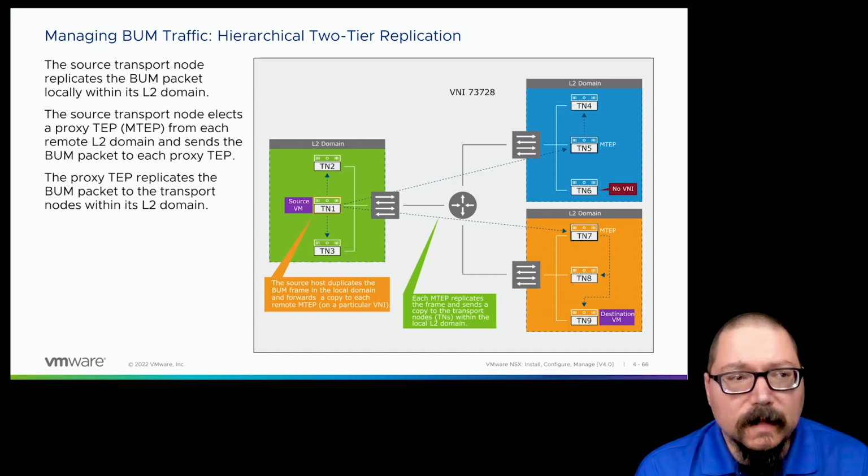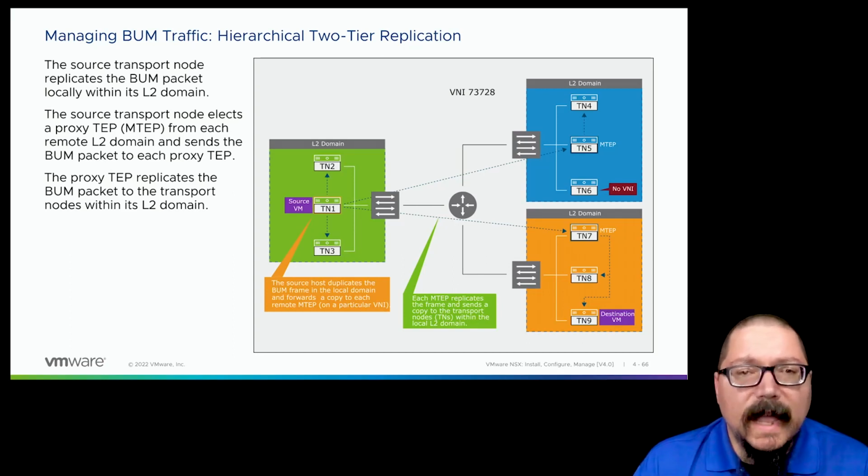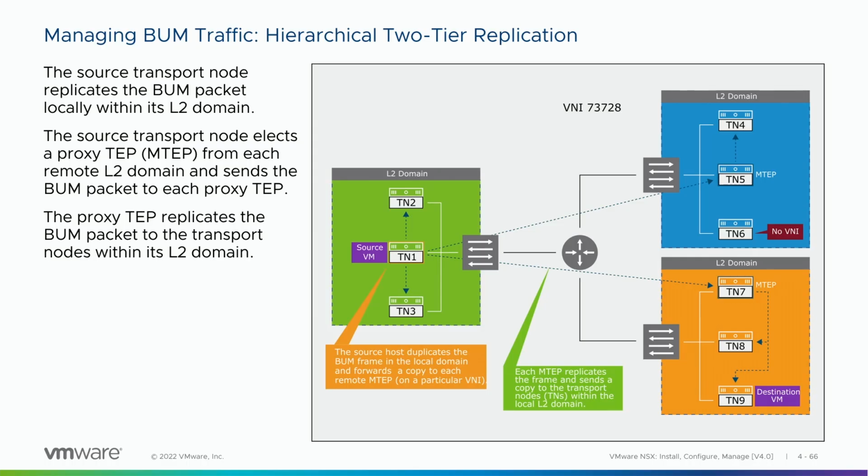Now, with 2-tier replication, with our default behavior, if we have this scenario, we're going to add one more thing when we receive the tunnel endpoint table. When transport node 1 receives its tunnel endpoint table, it says, oh, well, I've got transport nodes 2 and 3 and 4 and 5 and 7, 8, and 9 in my transport node table.